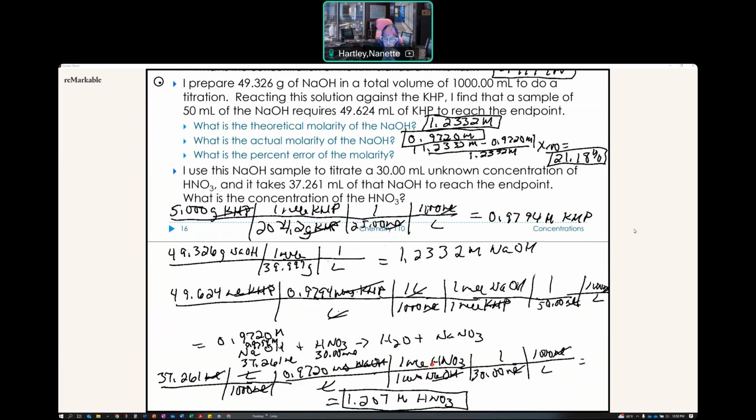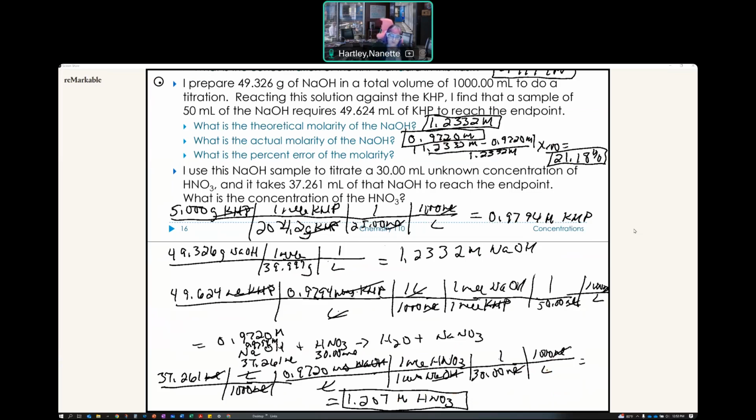I want molarity, so I have to divide by the volume in milliliters, so 30 milliliters, and then I have to convert that to liters, so I multiply by 1,000 milliliters per liter, cancels the milliliters, and I'm left with moles per liter. And it gives me 1.207 molar HNO3 as my answer.